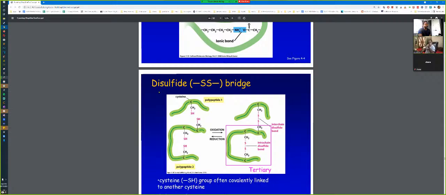It's because cysteine, an amino acid that has a sulfur in it, can be oxidized or reduced, so these two connect and form this disulfide bond. Got it. So you have polypeptide 1, polypeptide 2, and they can link up as a disulfide bond.